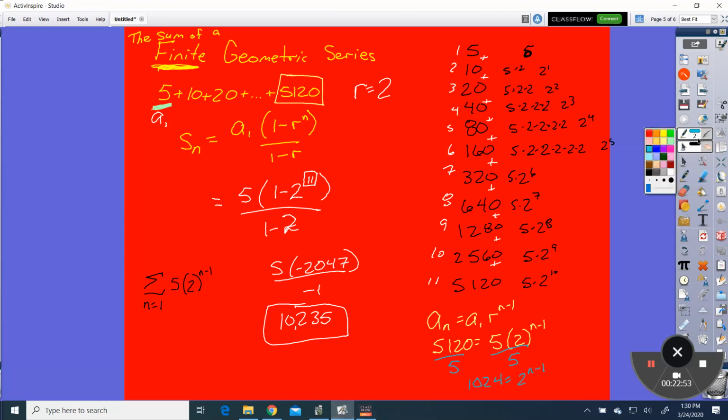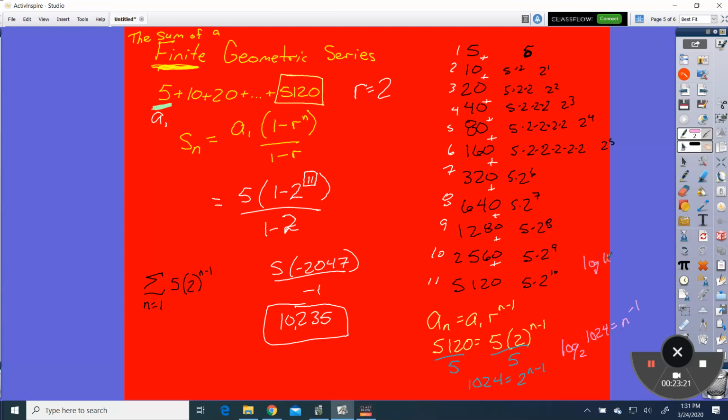If you remember our logarithms, remember a logarithm is how we can rewrite this so that the base of this n minus 1 is over on the other side, and I just have n minus 1. So I have log base 2 of 1,024 equals n minus 1. So remember, we can go to our calculator and do that. We can use what's called a change of base.